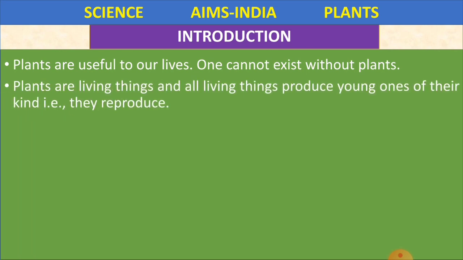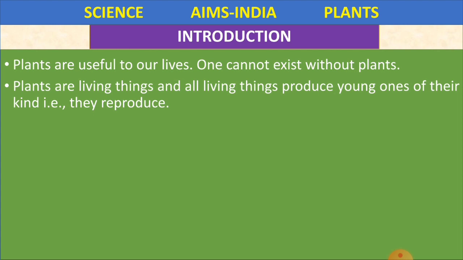And plants are living things, and all living things produce young ones of their kind, that is, they reproduce. Because plants are living things, like our human beings and the animals, they also give birth to their young ones of their own kind. For example, an apple tree gives birth to another apple tree.